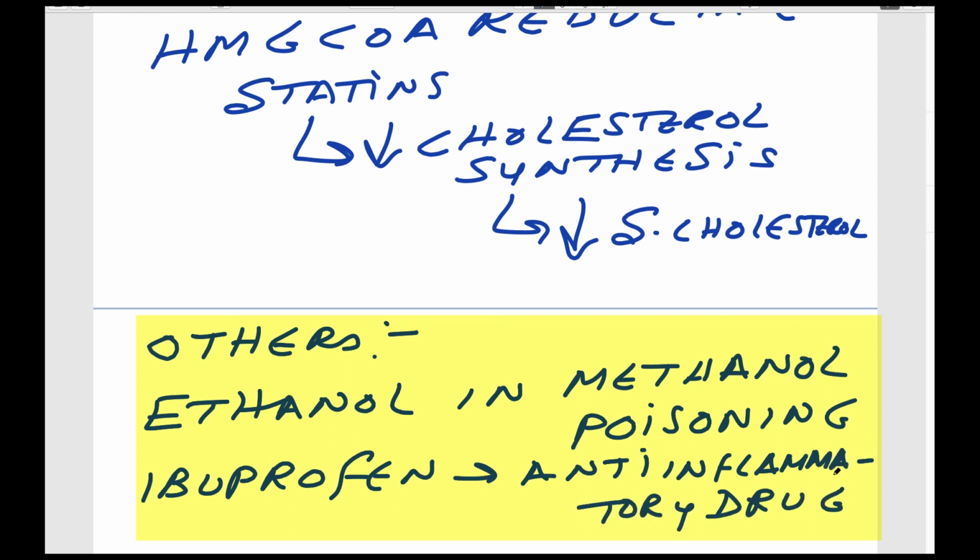So the use of competitive inhibitors in medical practice is immense. There are many drugs whose mechanism of action is through competitive inhibition.